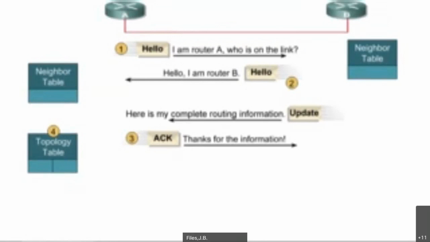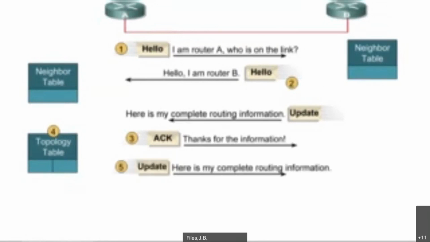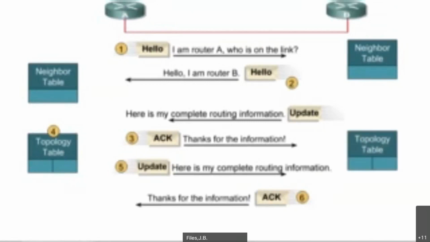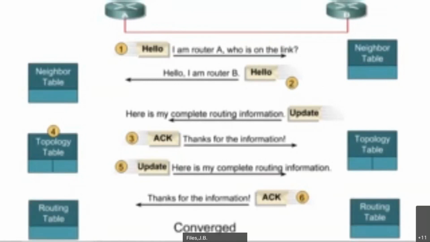And it's going to populate its topology table with the information that it got. And it's also going to send that information to router B, who's both going to acknowledge it and populate the information. At that point, both routers are going to take that information from the topology table and offer any routes up to the routing table. And then depending on what's in the routing table, it'll get installed or not. And then we say they have converged. Okay.